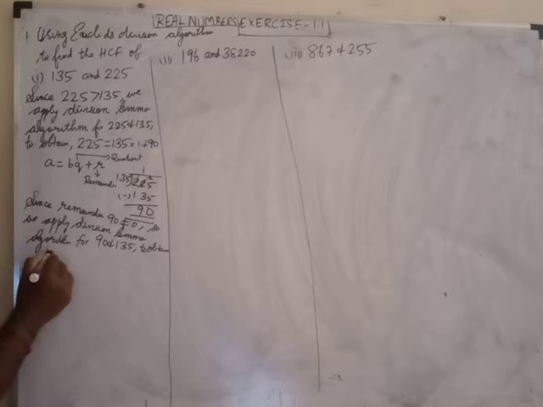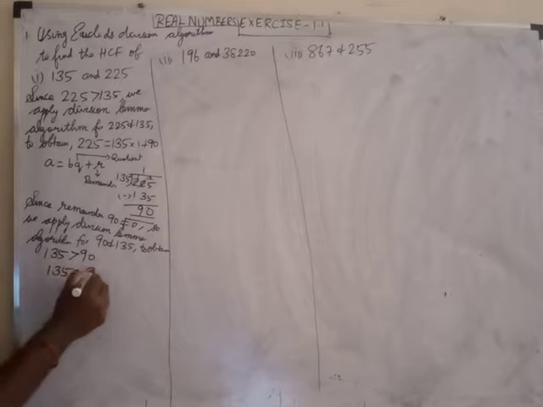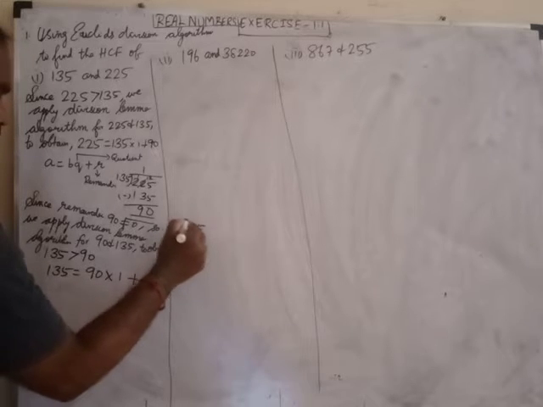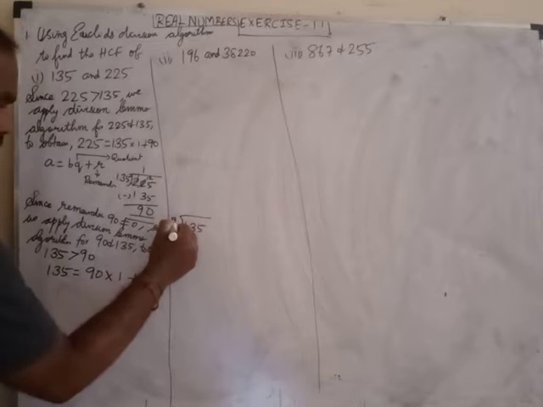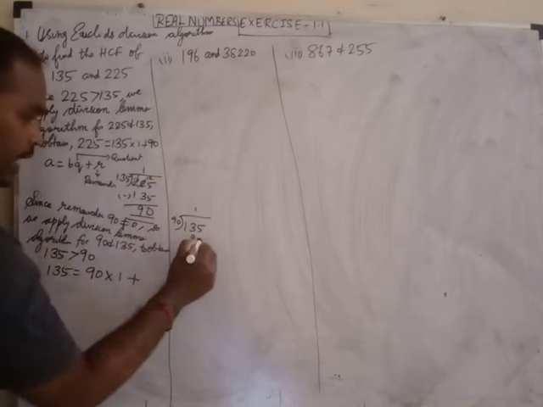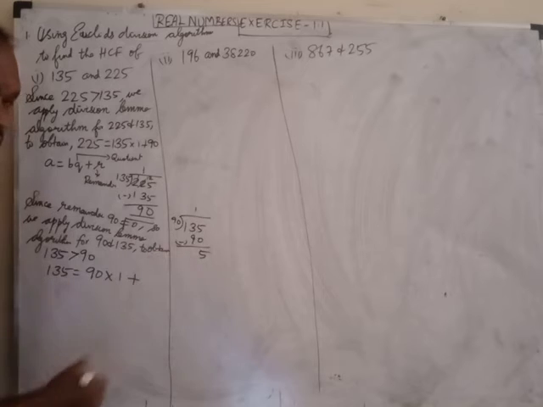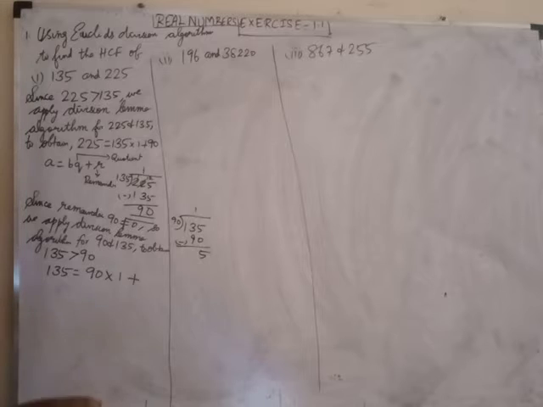Which one is greater? 135 is greater than 90. So 135 equals 90 into which number, plus which number as remainder? 135 divided by 90: you said 1. 1 into 90 is 90. 5 minus 0 is 5. 13 minus 9 is how much?